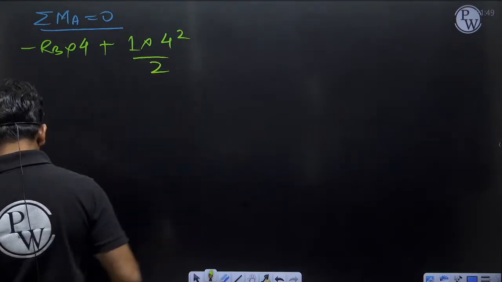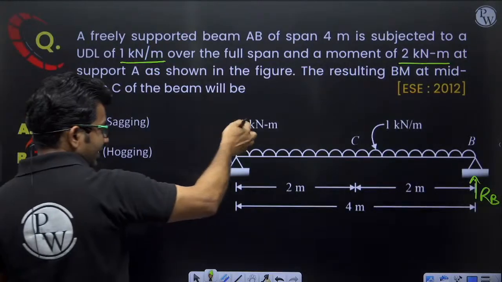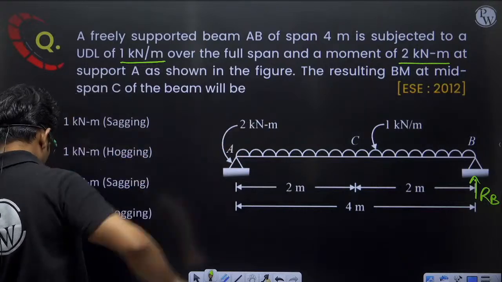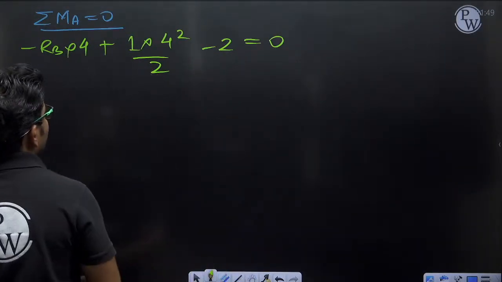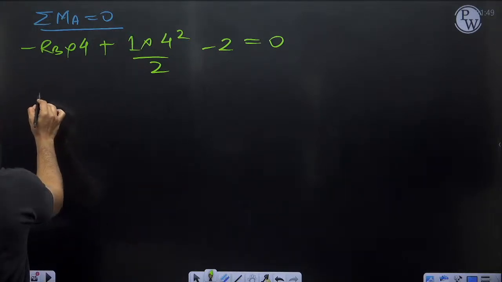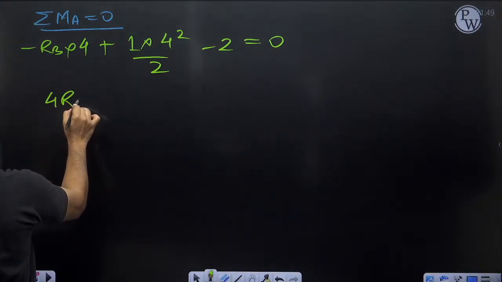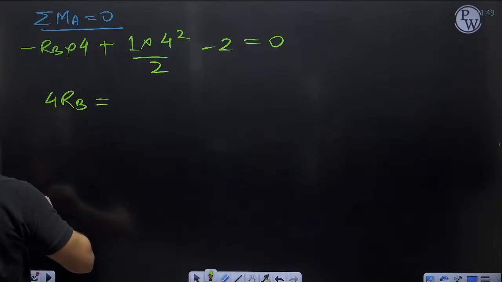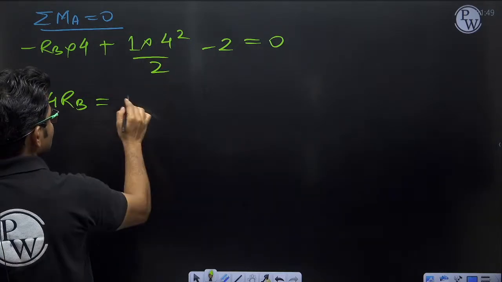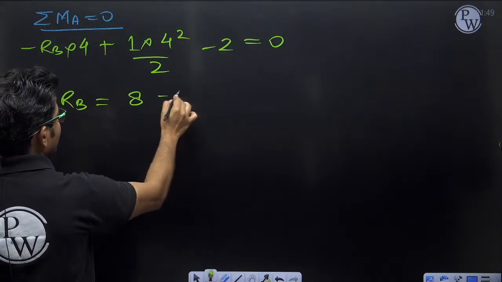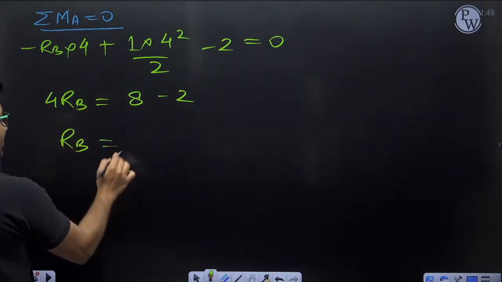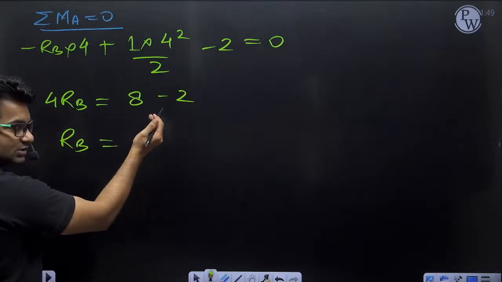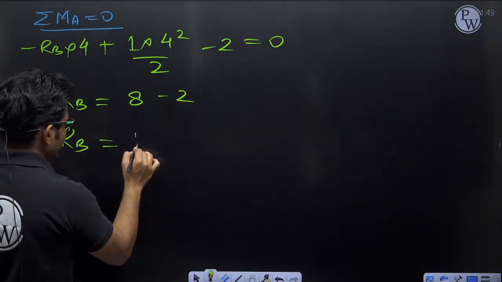And here this is anti-clockwise, so minus 2 equals 0. So 4 RB will be equal to 16 by 2, 8, minus 2. So RB will be equal to 6 by 4, that means 3 by 2, that means 1.5 kilonewton.